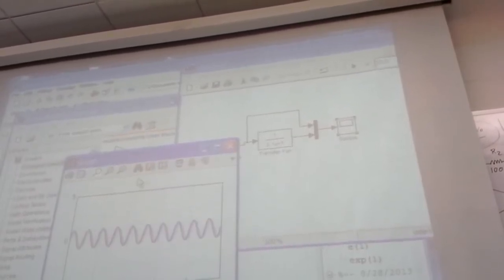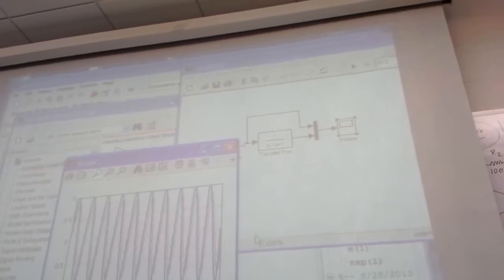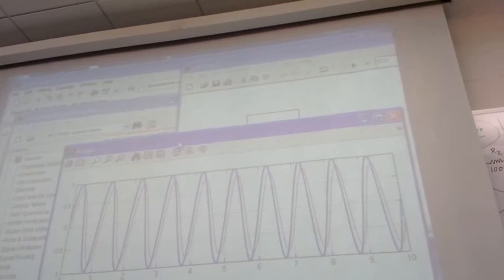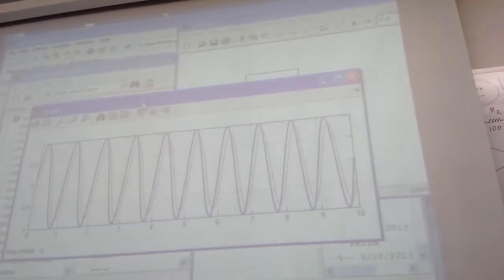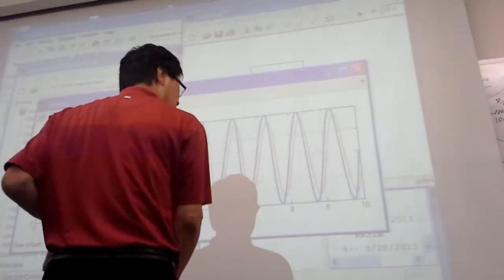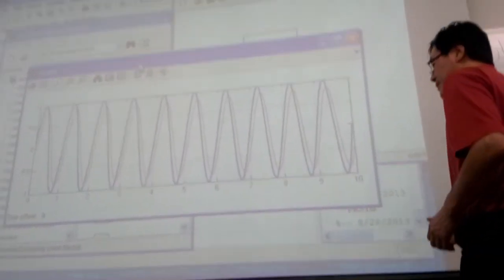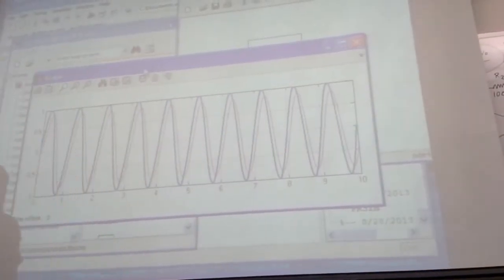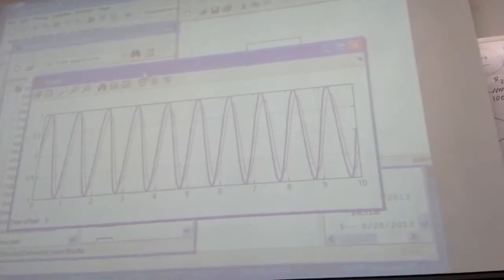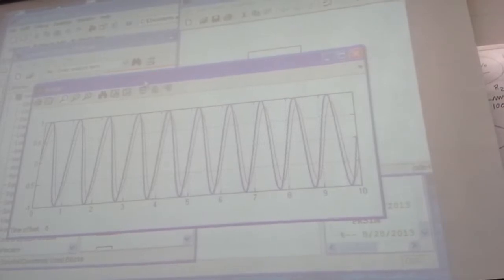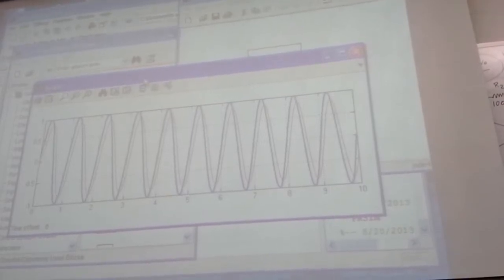Now one thing I want to point out here. When you have a step input, it means the step is in here.